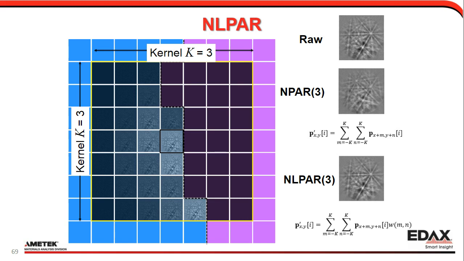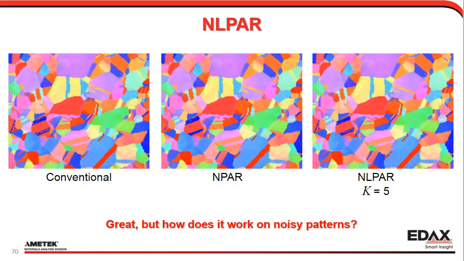If we do NLPAR and weight them, then we get a nice, clear, clean pattern, with all those patterns averaged together. So here's the conventional, just used as usual. If we do NPAR, we get a smearing of those details. If we use NLPAR, we get just as good indexing, but we still retain the fine structure, which is great.